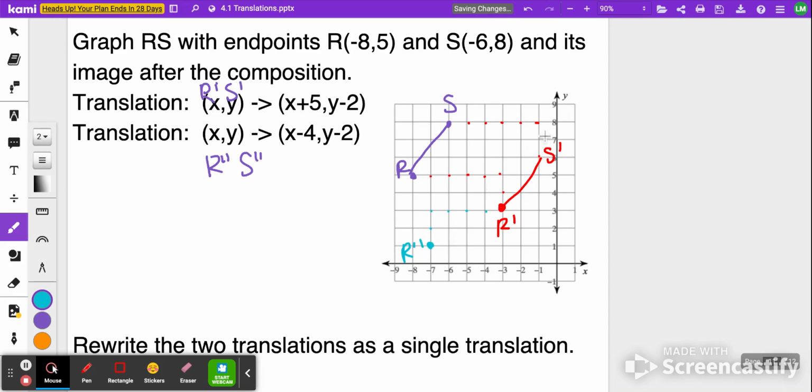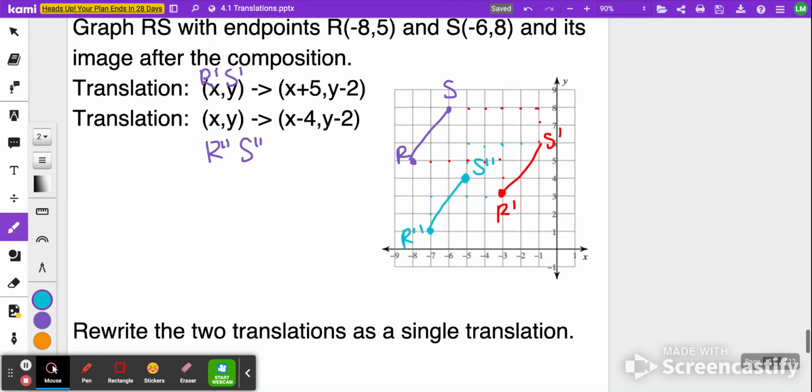Then for S prime, starting where I just did my image, I'm now going to do the next image. Negative 4 means 1, 2, 3, 4 to the left and down 2. This point will now be my S double prime. Go ahead and connect those points and you're done.